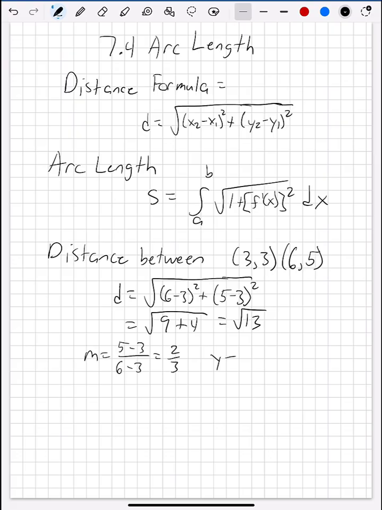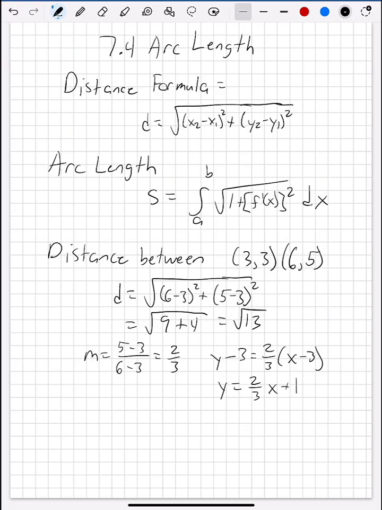Then I use y minus y1 equals m times x minus x1, y minus 3 equals 2/3 times x minus 3, and I figure out that y is equal to 2/3 x plus 1. So the line that connects those 2 points is 2/3 x plus 1.